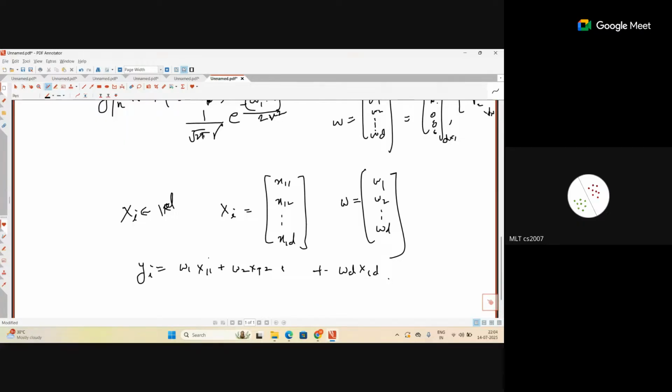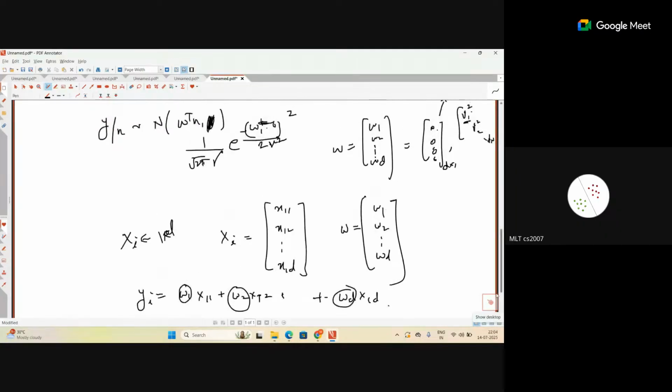How many parameters do we have? d parameters, w1, w2 up to wd. What I'm saying is that each of these parameters w is normally distributed.